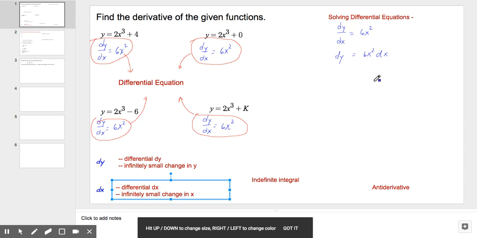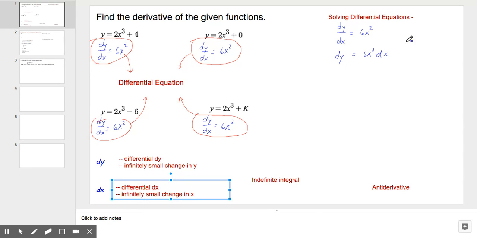So this is another form of a differential equation. This is the same as this one. It's another way of writing this equation. All right, so now, how do we solve differential equations? To solve for the differential equation, we are going to look for the function whose derivative is 6x squared.